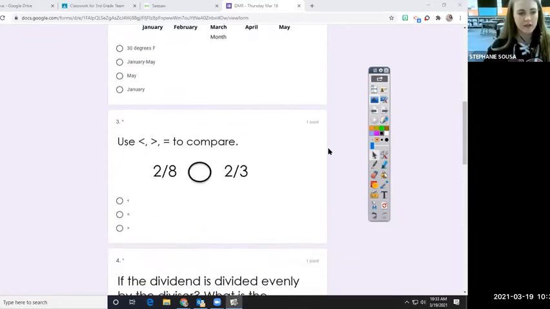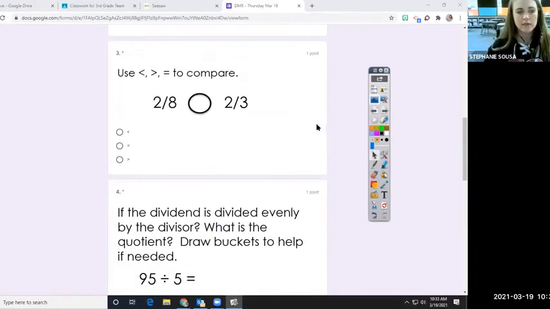Alrighty, let's take a look at our second one. Use less than, greater than, or equal to compare. We're going to look at the denominators. There is an 8 here. That means the whole has 8 pieces. There's a 3 here. That means the whole has 3 pieces.